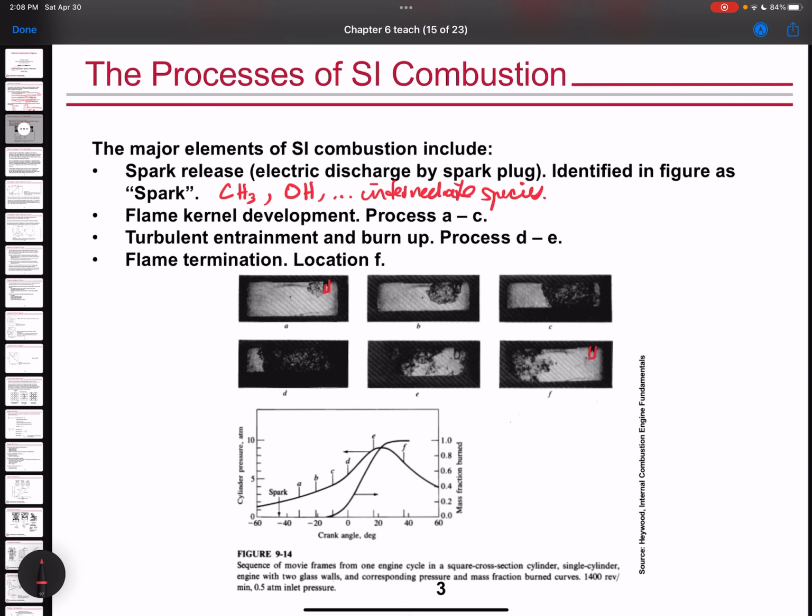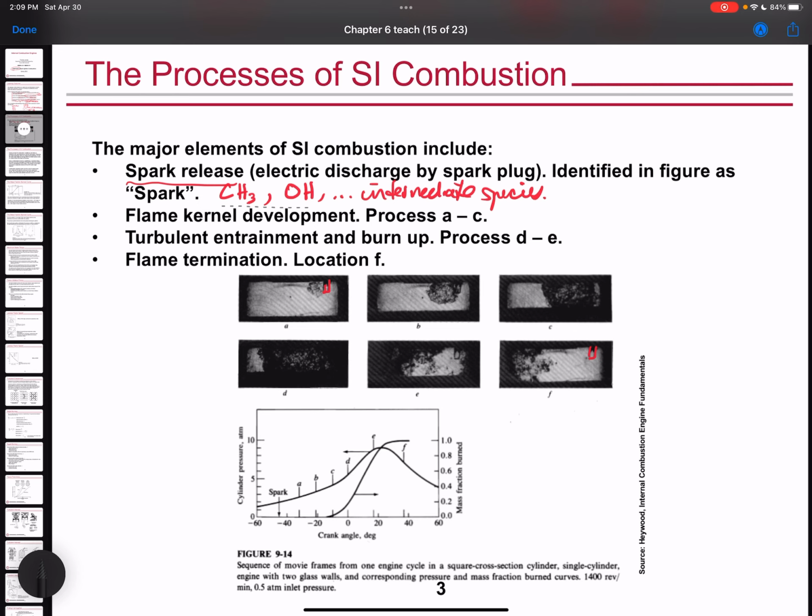But that formation essentially occurs, of course, after the spark release, which is what we're capturing here in, no, excuse me, image A is some period of time after that spark release. But the formation of these various radicals and intermediate species occurs during what is called the flame kernel development phase. Okay, and so the flame kernel development phase is what is being depicted in images A, B, and C down here in the middle of the slide.